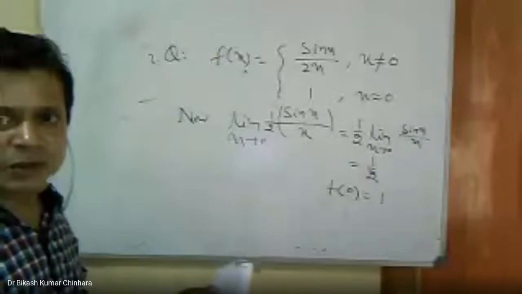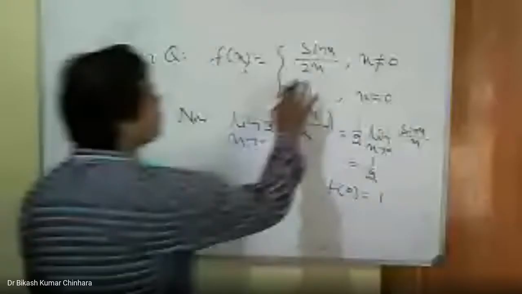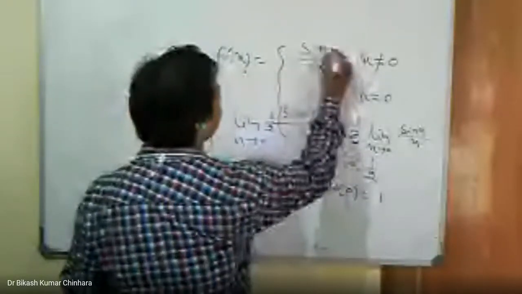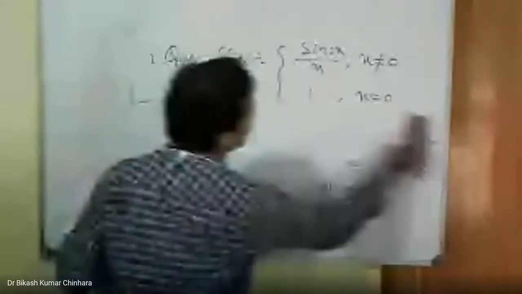Suppose instead of this, I am writing sin 2x by 2x here. Now check the continuity. That means you have to evaluate the limit x tends to 0.